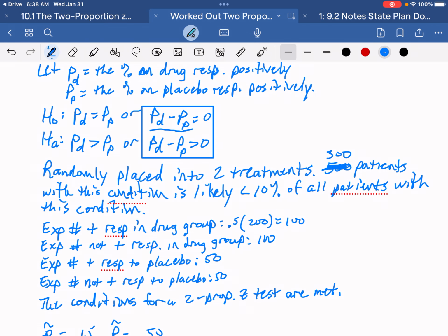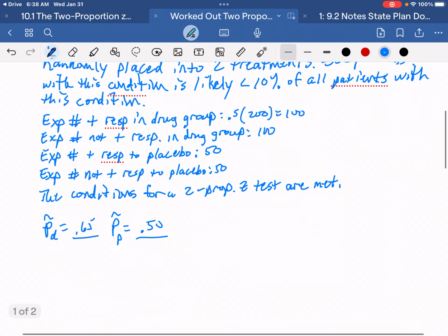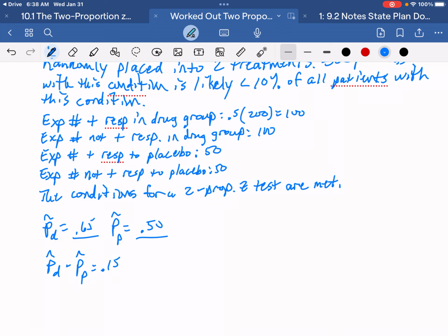Since I stated my hypotheses as drug minus placebo, I'm going to calculate p-hat drug minus p-hat placebo. That's obviously positive 0.15. So that's your score.